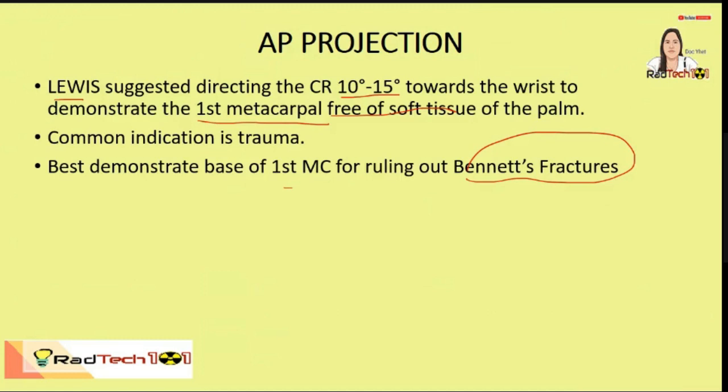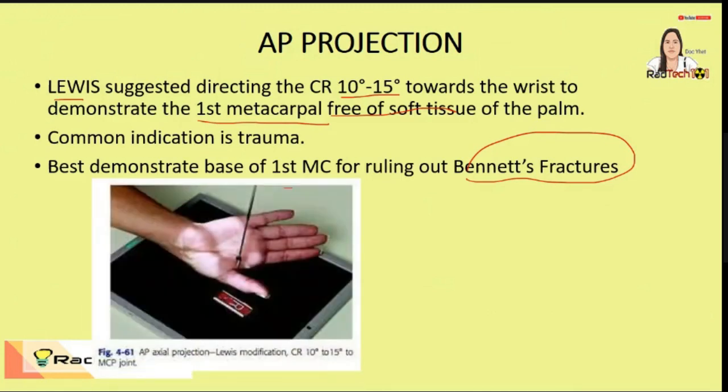So instead of having it perpendicular to the first MC joint, we angulate the central ray by 10 to 15 degrees para free siya from superimposition of the soft tissues of the palm. So, yan. If you have noticed, hindi na siya perpendicular. Di ba? Pag perpendicular, eto lang siya. Hindi naman perpendicular ang drawing ko. So, basta, perpendicular 90 degrees. Ito siya.